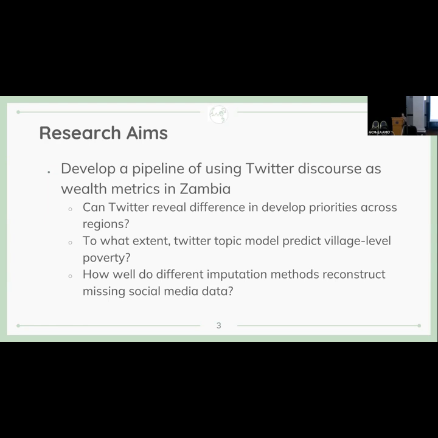Another question is, can we use Twitter data as a predictive feature, particularly using Twitter topics to predict village level poverty? And the third question is, how well do different imputation methods reconstruct missing social media data?